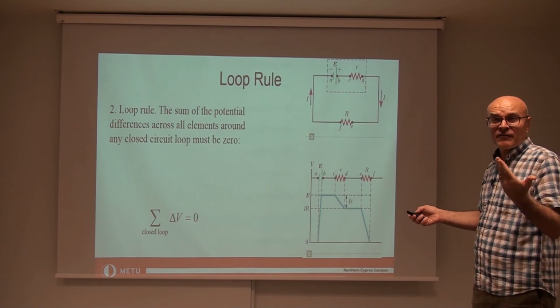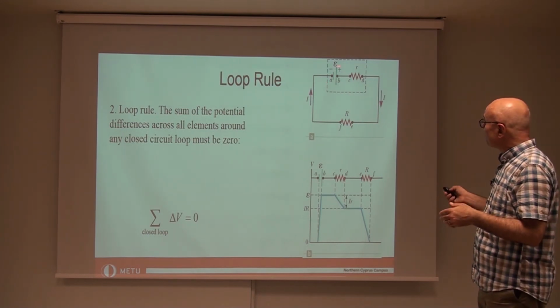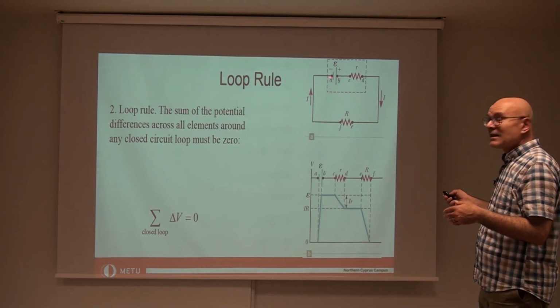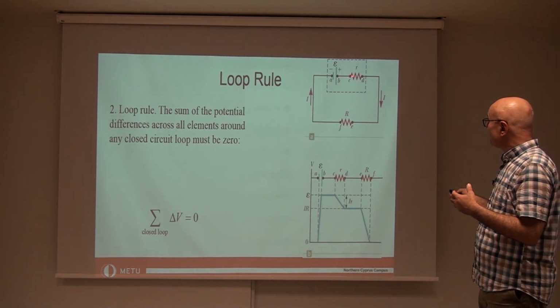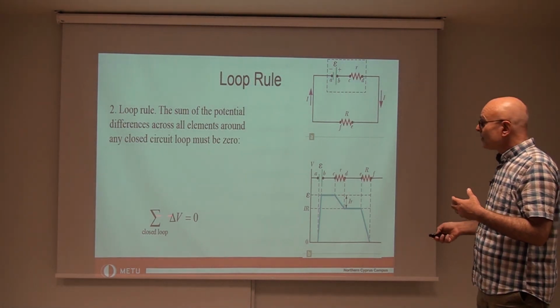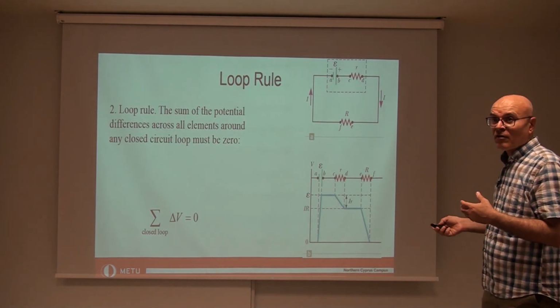And we have said this is a reflection of the conservation of energy, because it says that the potential energy provided by the electromotive force is equal to the thermal energy dissipated in this internal resistance and in this load resistance. So this fact is just a reflection of conservation of energy.